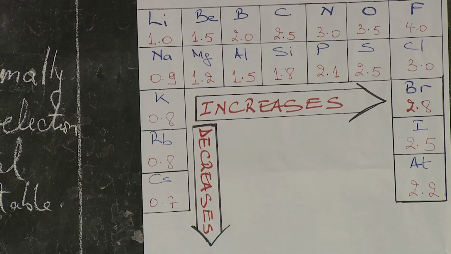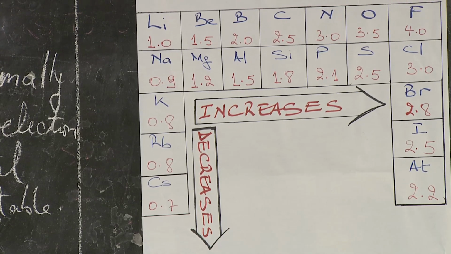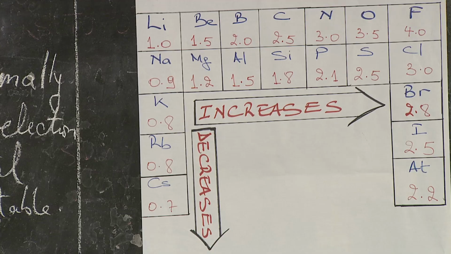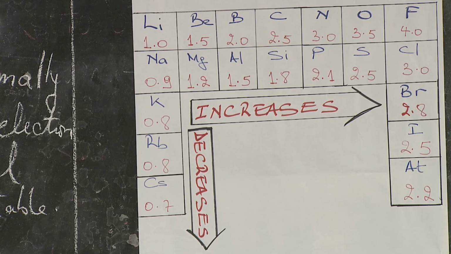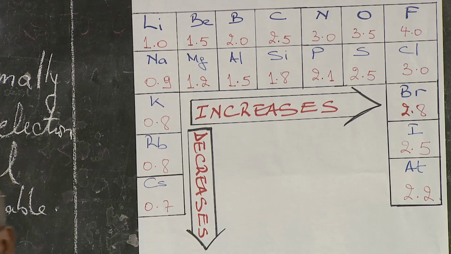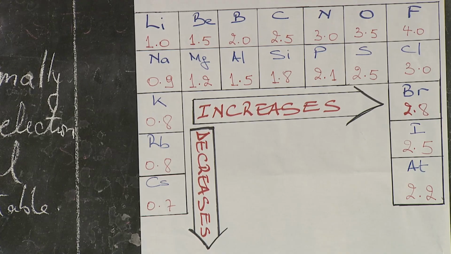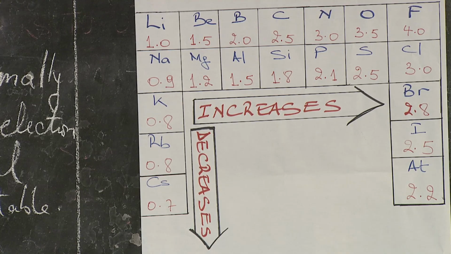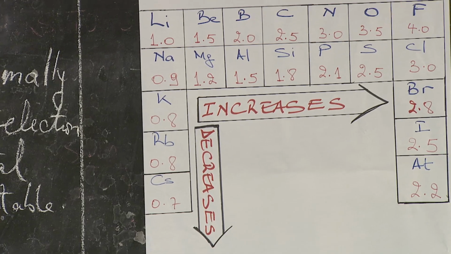Think about it. Why is it increasing as we move across the period and decreasing as we move down the group? Remember, use the definition to find the reason why it is changing like that. And you also combine that definition with the variation of atomic radius. It is a tendency of attracting the bonding pair.